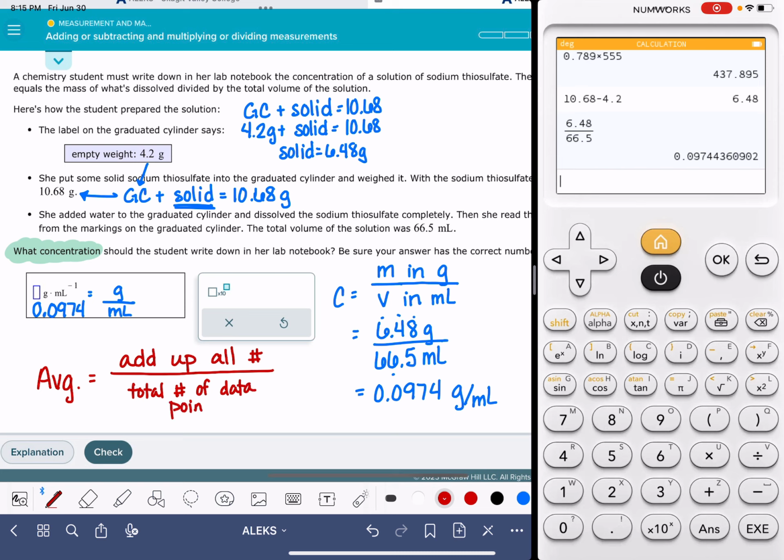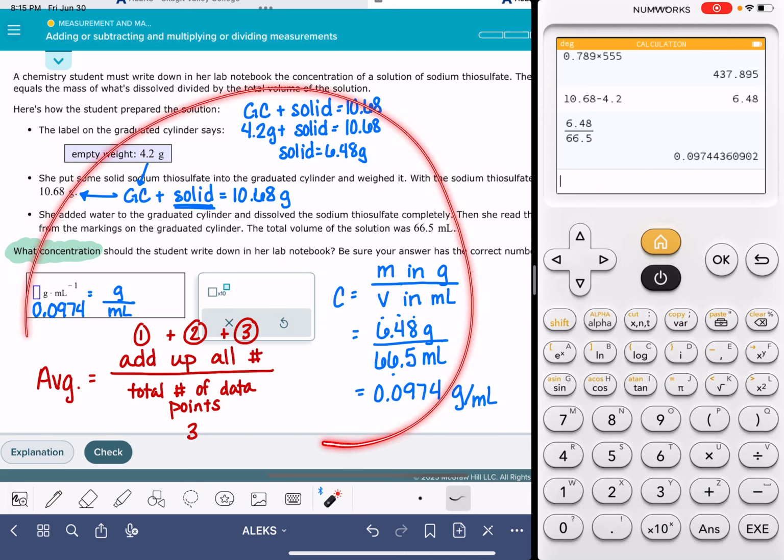So what I mean by that is if you had like 3 pieces of data, you would add all of those 3 pieces of data up. Data point number 1 plus data point number 2 plus data point number 3, and then you would divide by the total number of data points, which is 3. And like I said, that seems kind of weirdly simple compared to this problem. So I guess if you end up with this one, that's good.